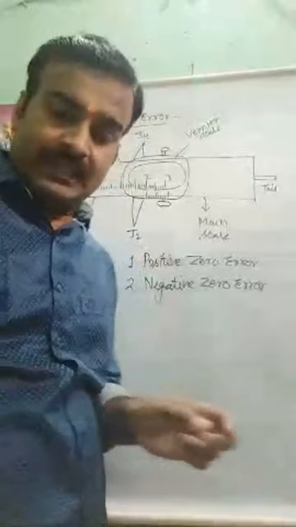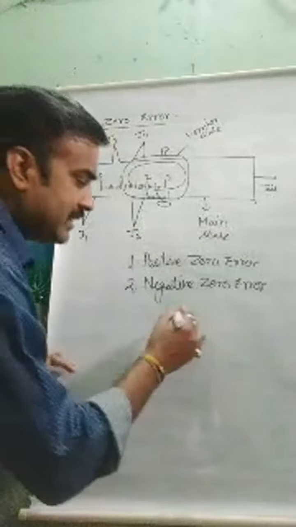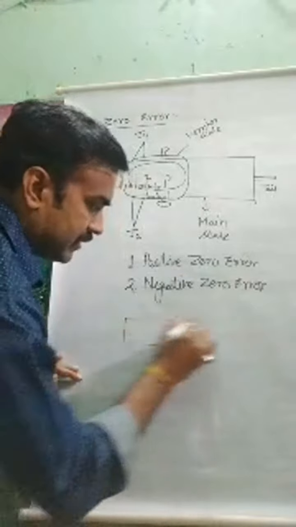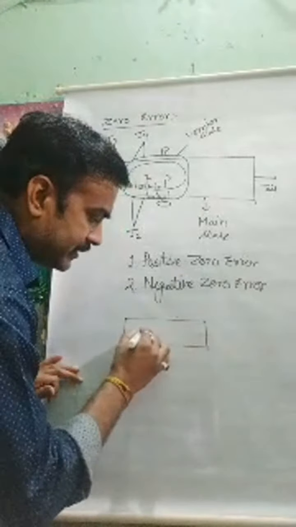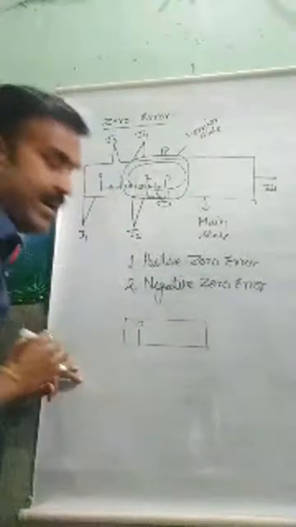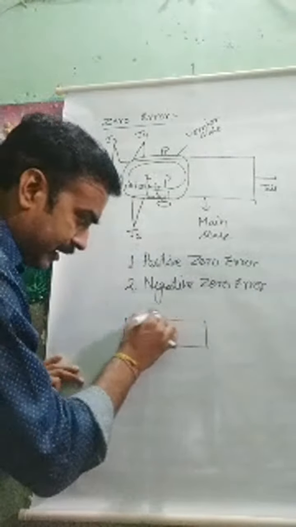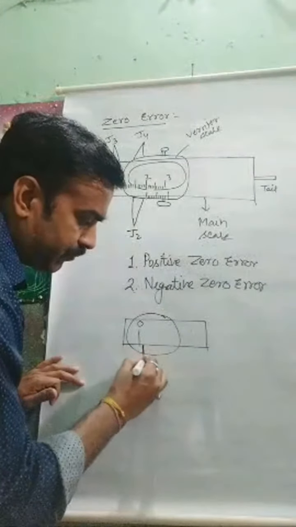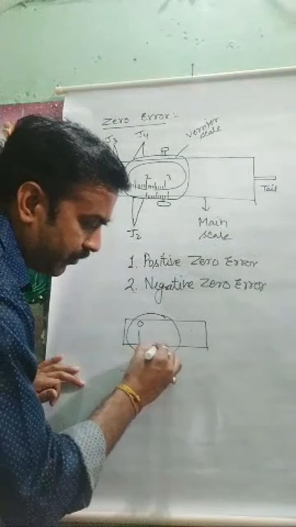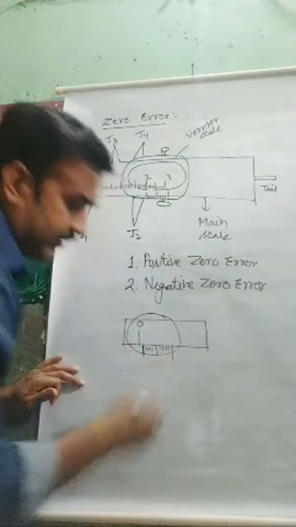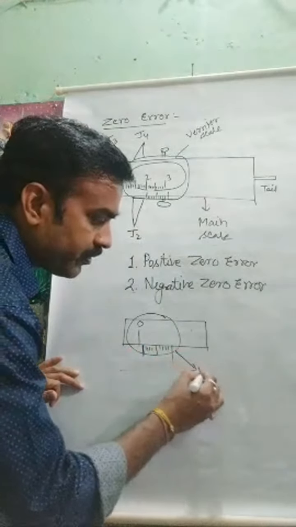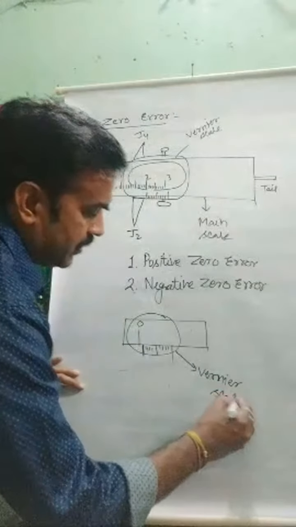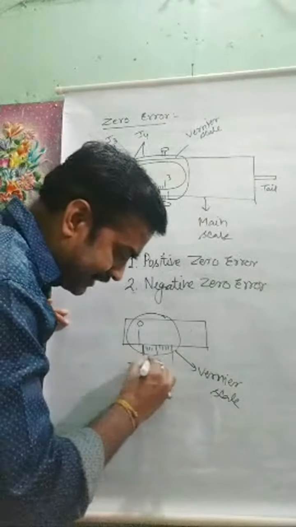Again I am telling this thing, suppose this one is the main scale and here is the zero of the main scale, and the Vernier first division is here, 1 2 3 4 5 6 7 8 9 10, this is the Vernier scale. Just see, it is going this side.